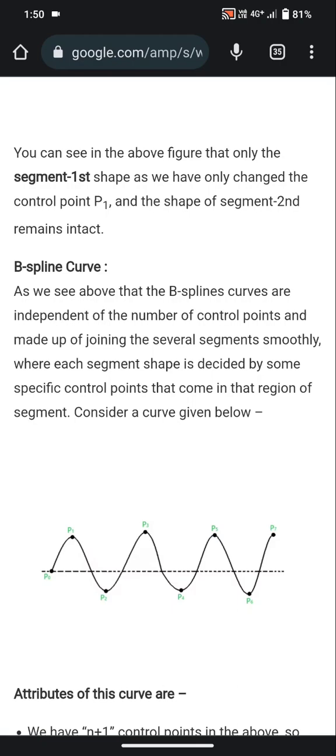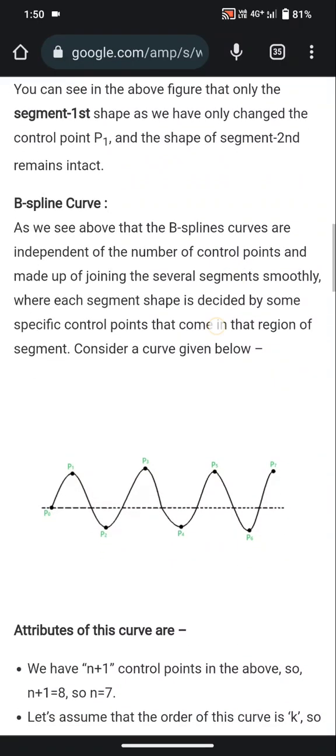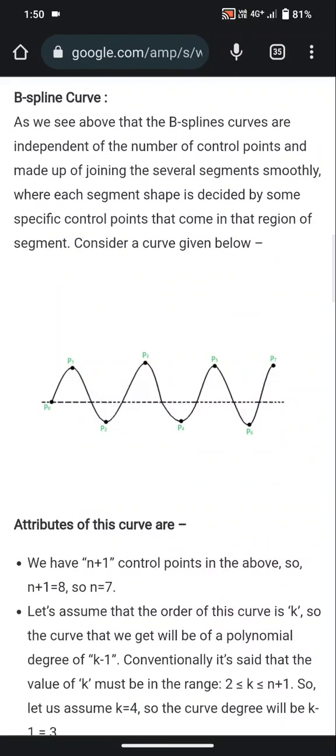Consider the curve given below, where we can observe the diagram on the screen, with points from P0 up to P7.